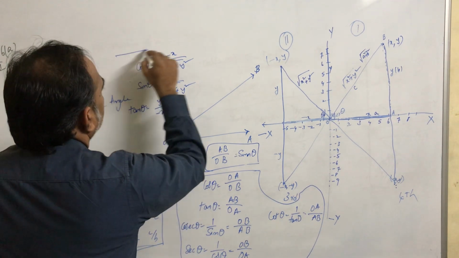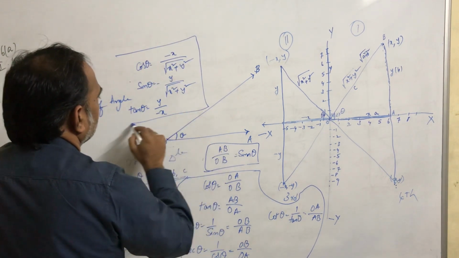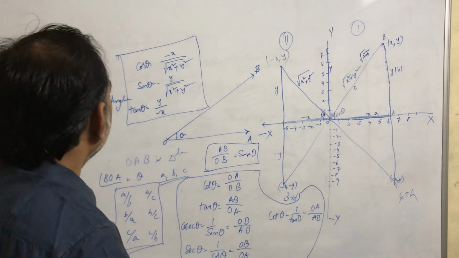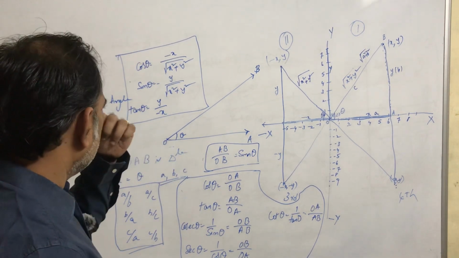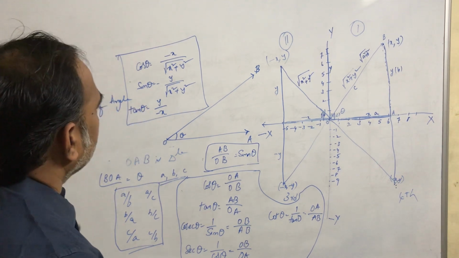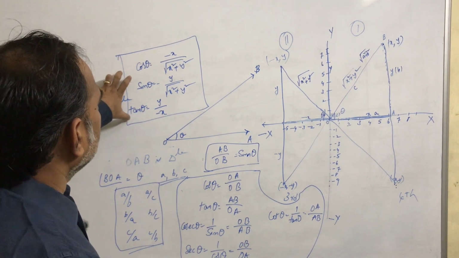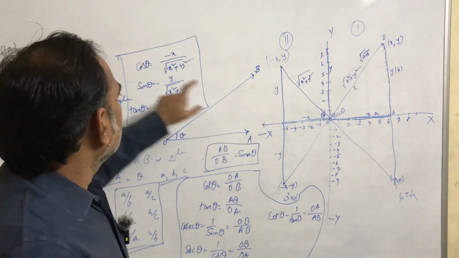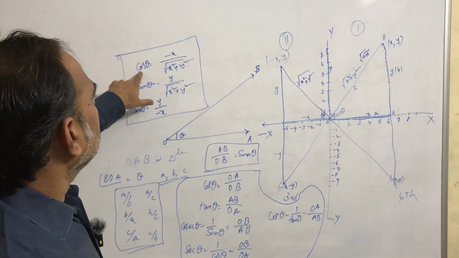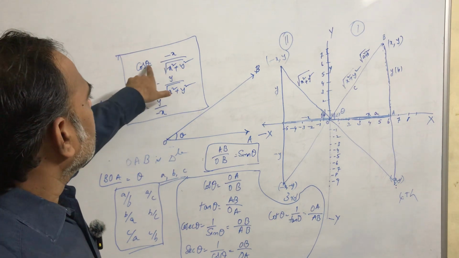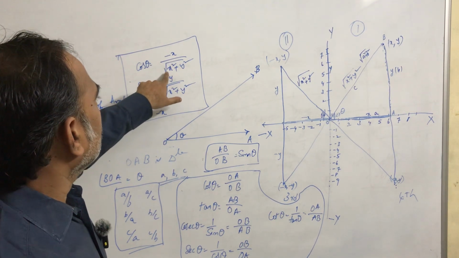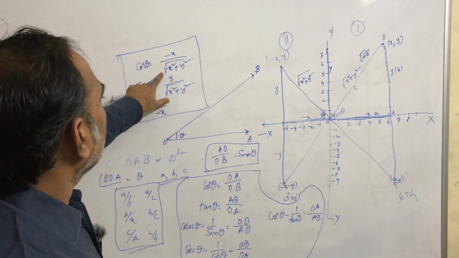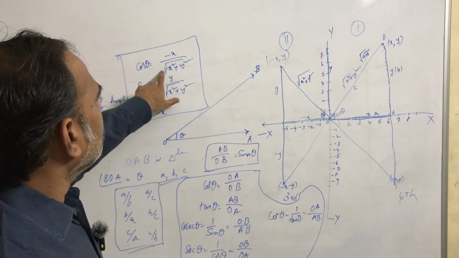Once we know these three ratios, remaining is just we need to do 1 by the corresponding trigonometric ratio, right? So I am focusing on this thing. See, in the second quadrant, these are the ratios. So in the second quadrant, cos is what? This square root of x square plus y square is some positive number, and the square root of a positive number is a positive number.